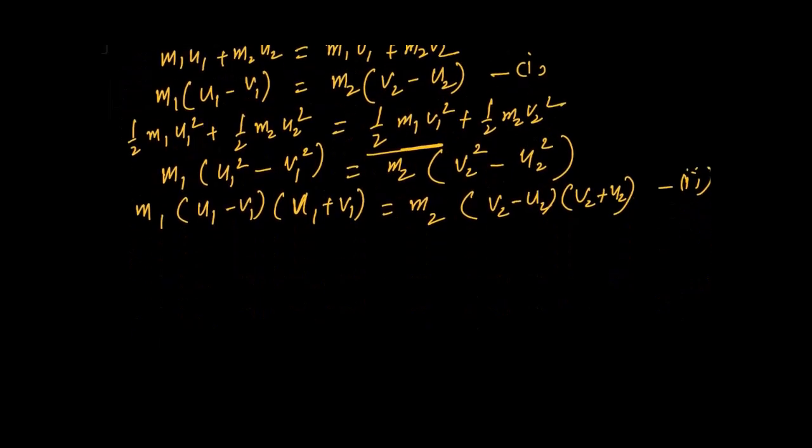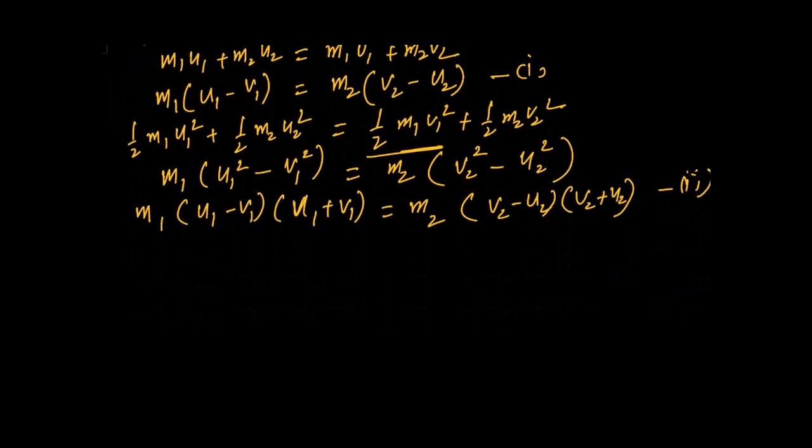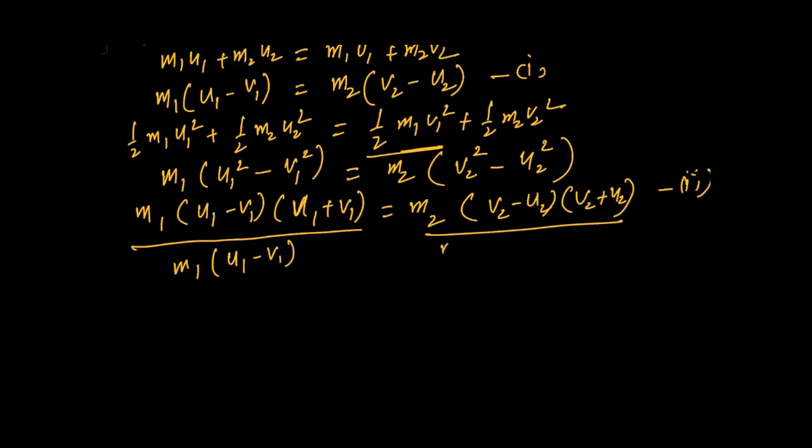So divide equation 2 by equation 1. If we divide by equation 1, m1 (u1 minus v1) over m2 (v2 minus u2), these terms will cancel out.